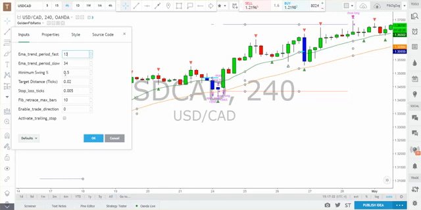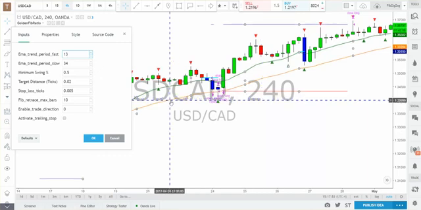What this does is it limits the swing from which the fib retracement is based on to be at the very least a certain percentage, okay? In this case, it's set to 0.5 for the 4-hour chart on a US dollar Canadian pair.